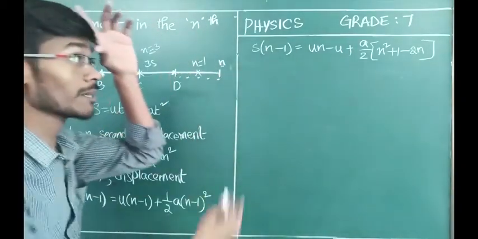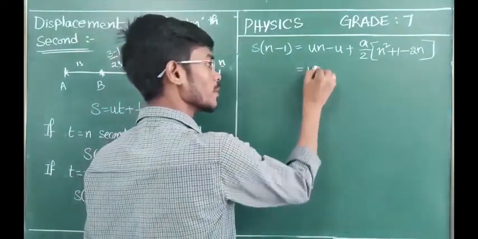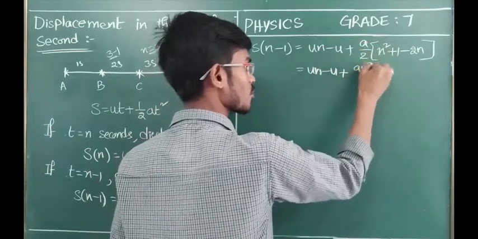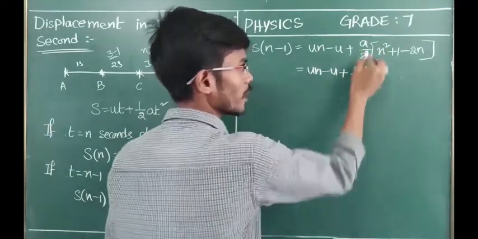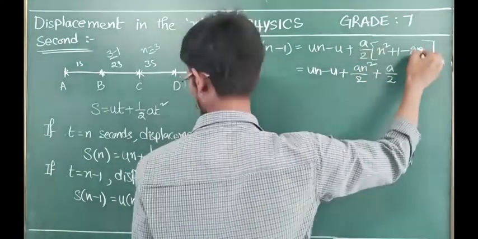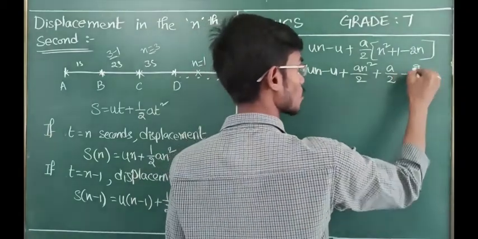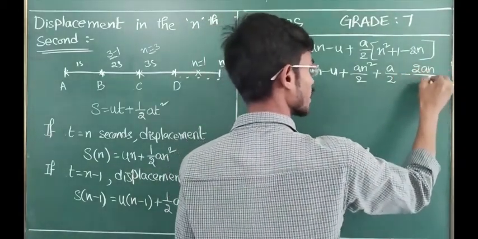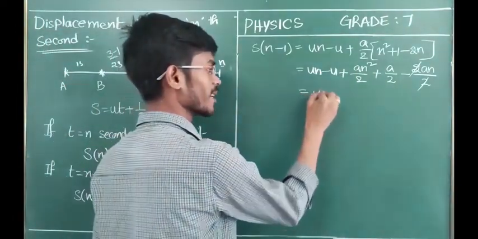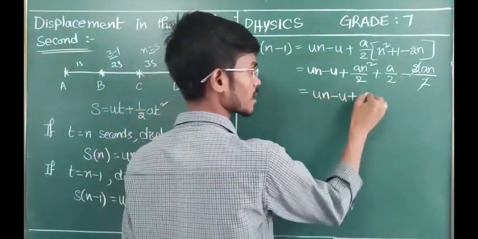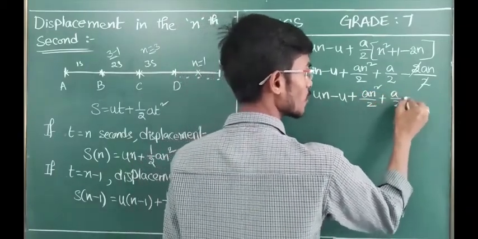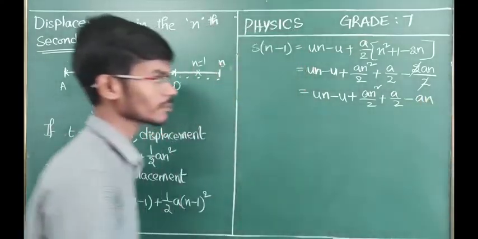Again simplify this one: un minus u plus a by 2 into n square, an square by 2, a by 2 into 1, a by 2, a by 2 into minus 2n, minus 2an divided by 2. The 2 both will get cancelled. Then finally what we will get: un minus u plus an square by 2 plus a by 2 minus an.